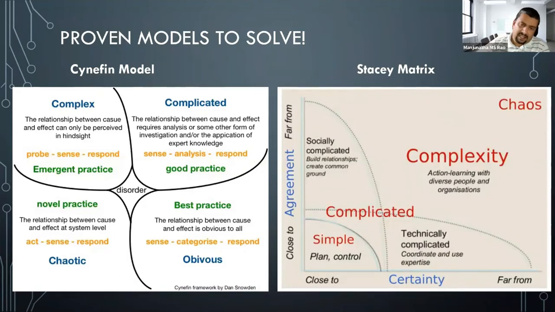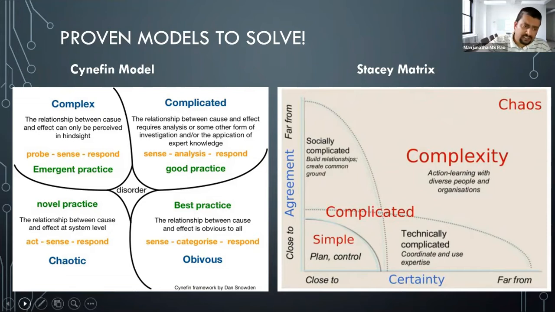If it's a simple, plain vanilla kind of problem, you can straight away take any of these classical process approaches, whereas agile and lean approaches are better suited when there is a complicated or complex environment. And of course chaos is something you cannot manage, rather we'll have to figure it out.